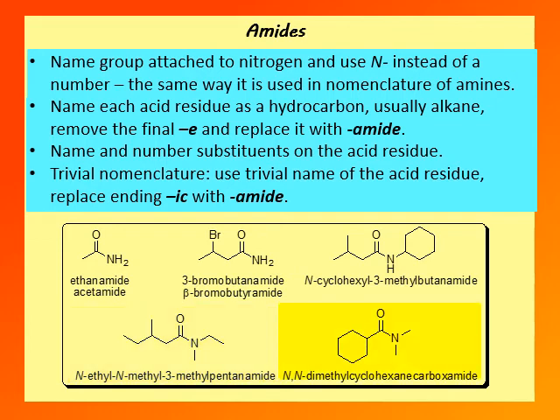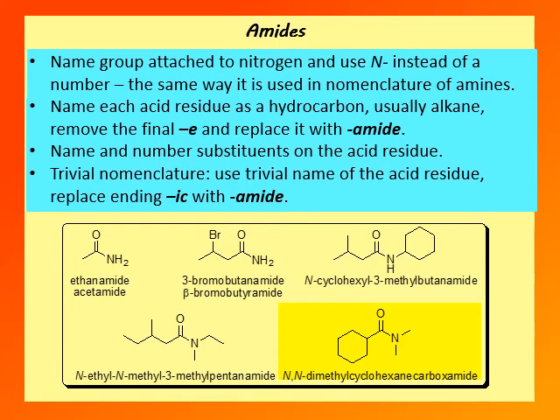And finally, here we have the nomenclature of a rather complex amide. It's complex because a cyclohexyl group, or cyclohexane, is attached to the amide functionality, not because it's a tertiary amide. But because it's a tertiary amide, we have to list 2 substituents attached to nitrogen, and since they are identical, we will use the prefix di. So this is going to be dimethyl.